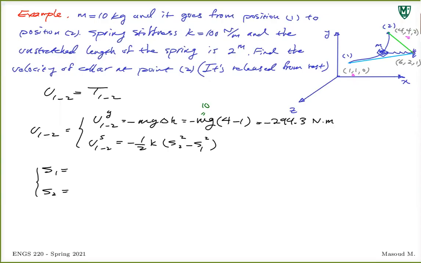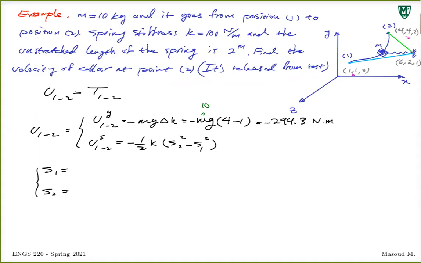Remember what S is: how much the spring is stretched or compressed. So what you need to know is the length of the spring at that given point minus the unstretched length of the spring.